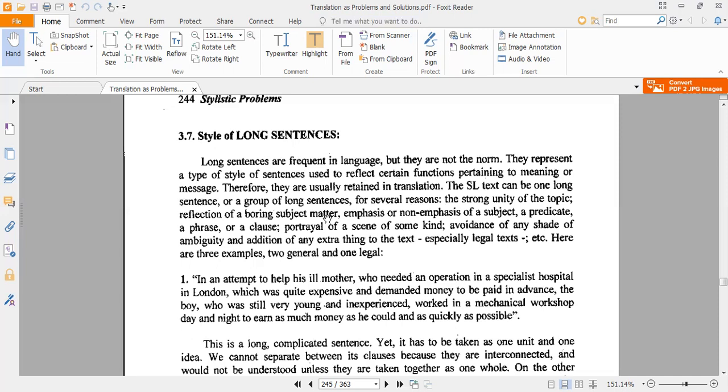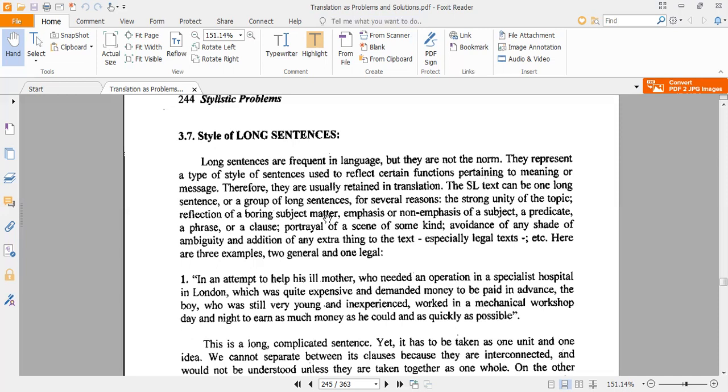All of these ideas introduced in this long sentence are related to one another, or are related to a central idea. So we can emphasize this information by using the style of long sentences.